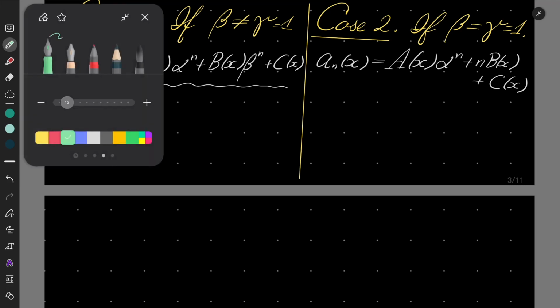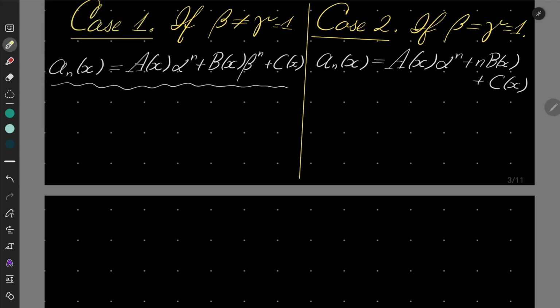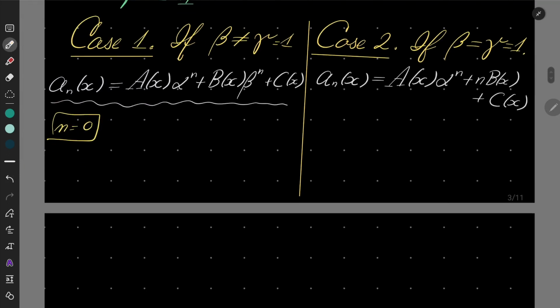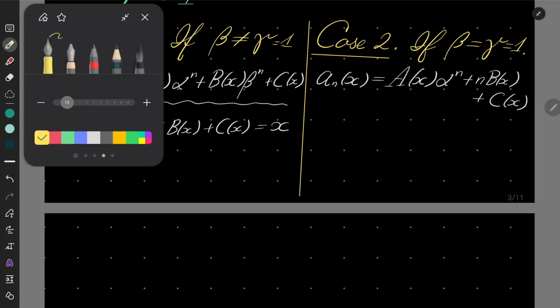Well, when n equals 0, we have the following: a(x) plus b(x) plus c(x), and remember that a_0(x) was defined to be just x.